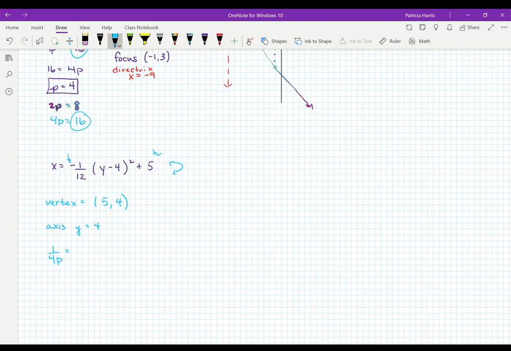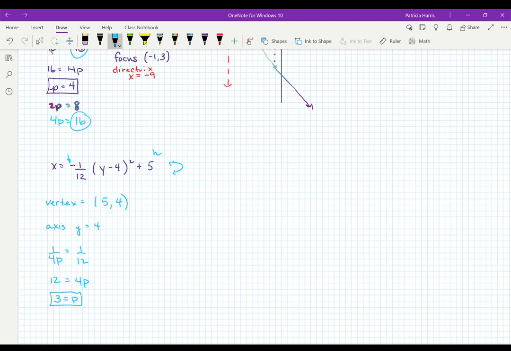When you find p, since it's a distance, you don't have to worry about the negative, but you do have to be aware of the direction of your parabola's opening. So remember, the distance from the vertex to the focus is 3. The distance from the vertex to the directrix is 3.